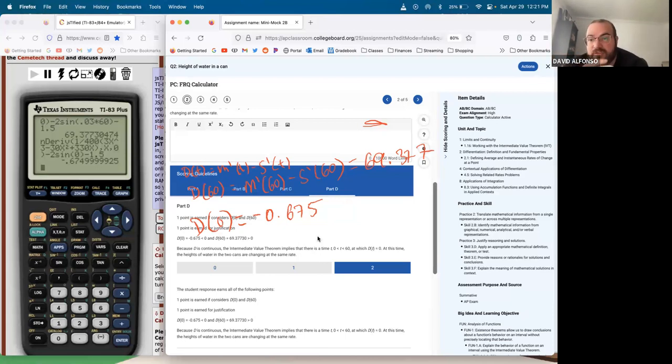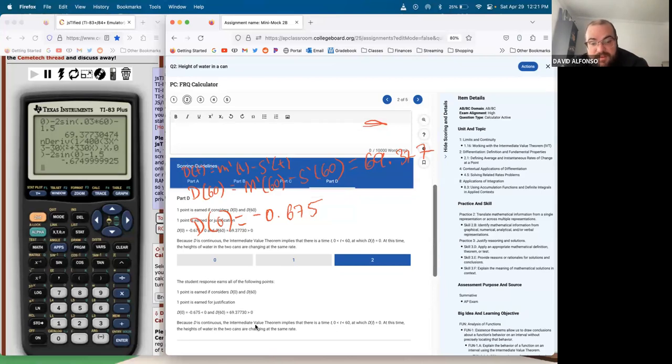Because you need to know what f of a and f of b are in the intermediate value theorem. So because D is continuous, the intermediate value theorem implies that there is a time t between 0 and 60 at which D of t equals 0. At this time, the heights of water in the two cans are changing at the same rate.